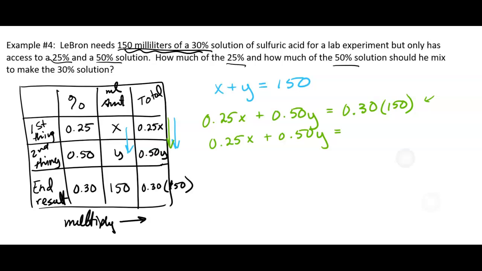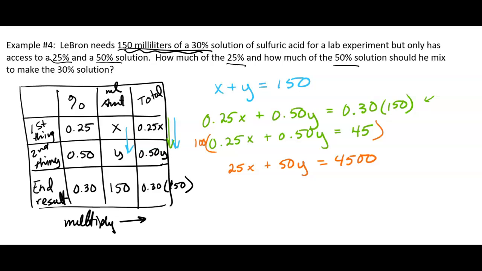No, it's 45, so good thing I double checked. 45. And then I don't like the decimals, so I'm going to multiply this equation by 100. So then I have 25x plus 50y equals 4,500. Don't forget to multiply the whole equation by 100.